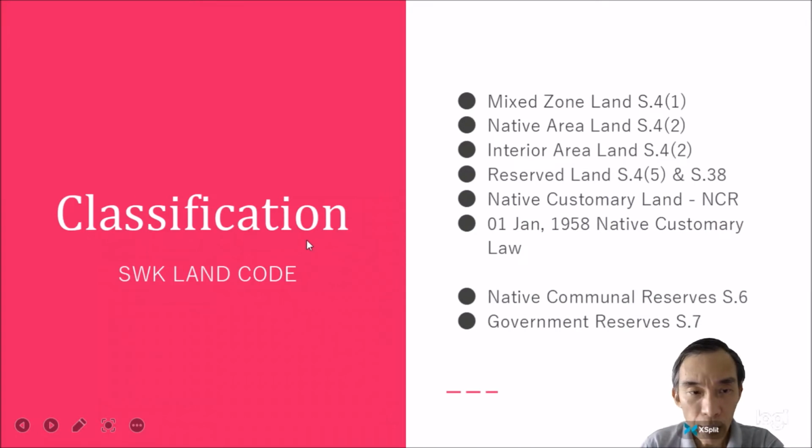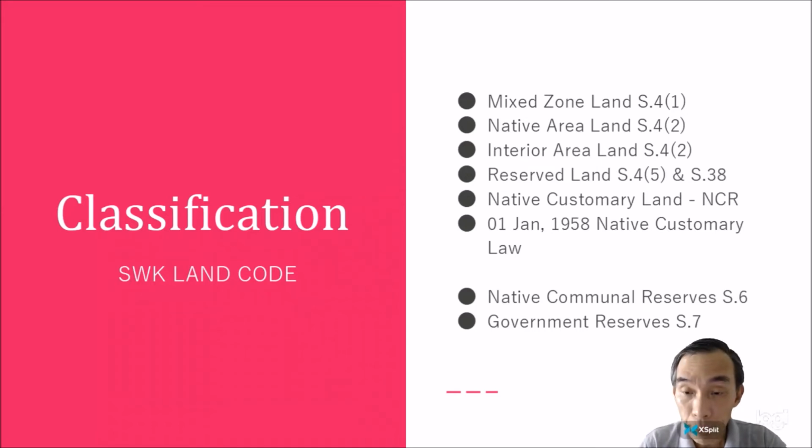Anyway, classification in the Sarawak Land Code is actually Section 4(1), which is mixed zone. Section 4(2) is native area land, interior area land, reserve land, and native customary land, and this means from the 1st of January 1958, native customary land refers to land that has evidence of customary use or customary community use.